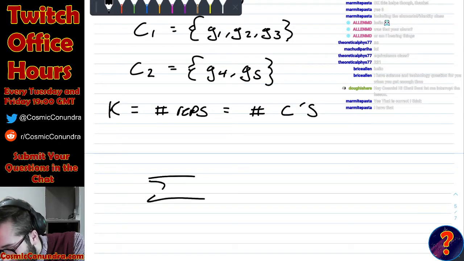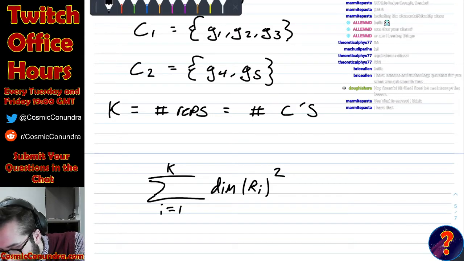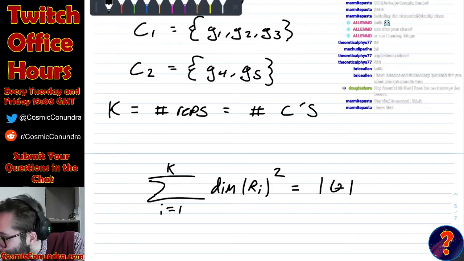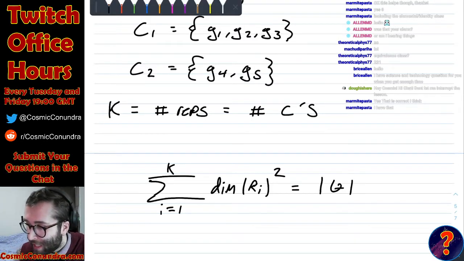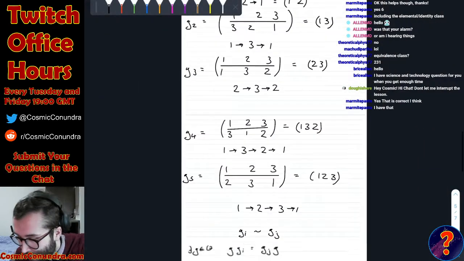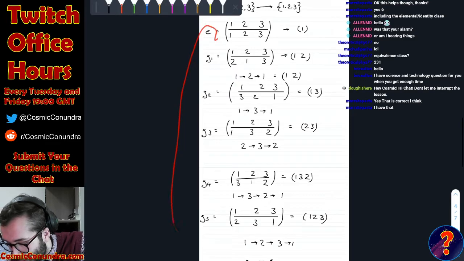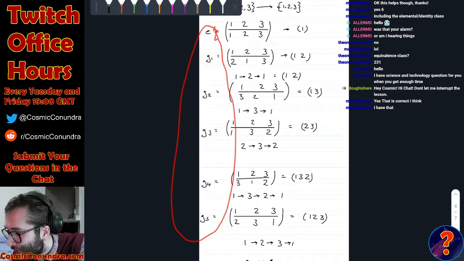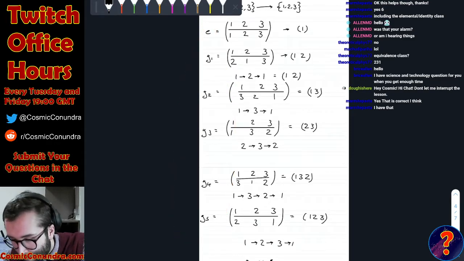We also had the constraint that summing up the dimensions squared of all of these irreducible representations was equal to the order of the group. And what we've just shown by explicitly writing out all of these group elements is that there are 6 of them. Okay, so there are these 6 group elements in the permutation group.